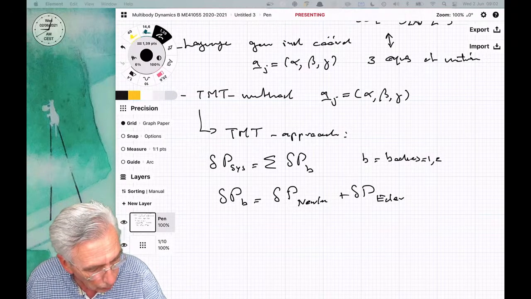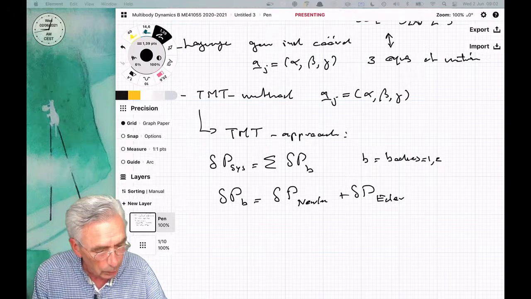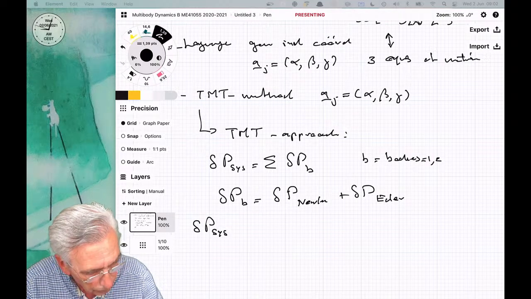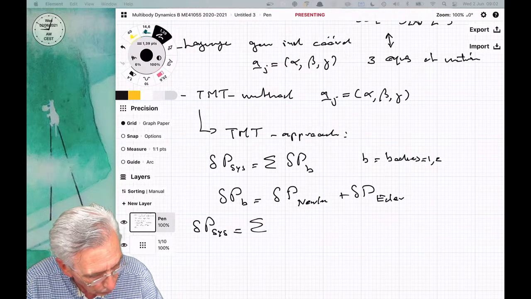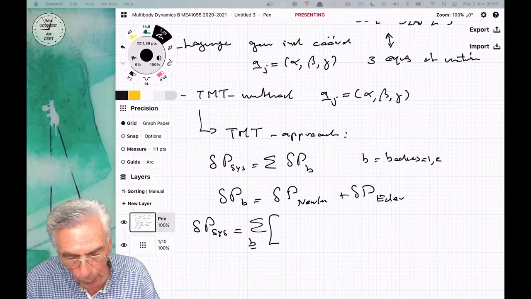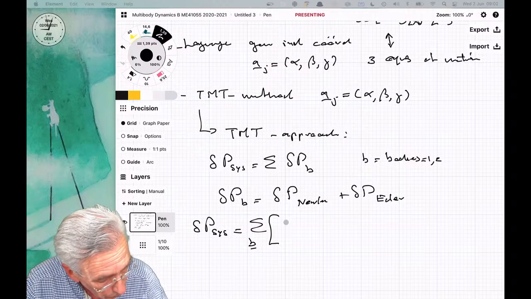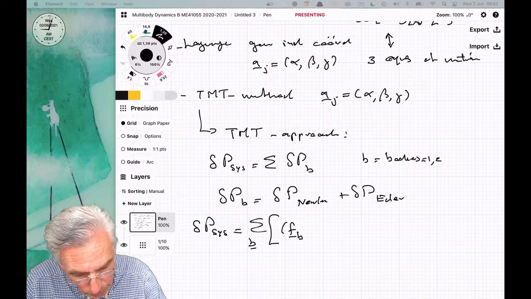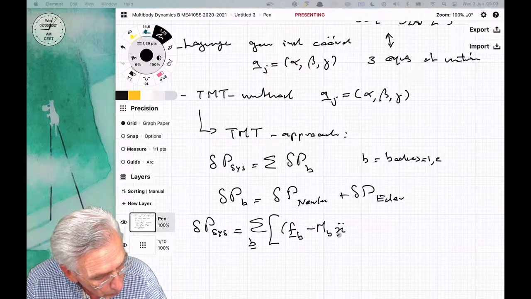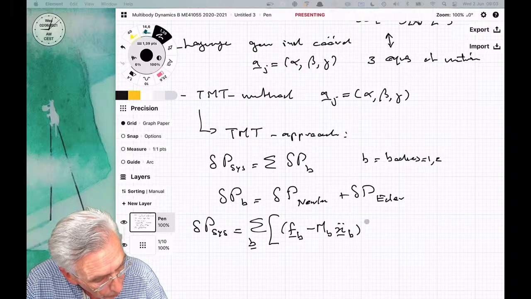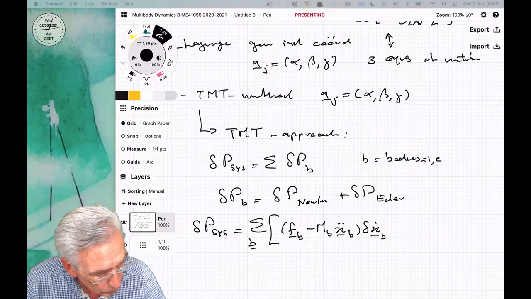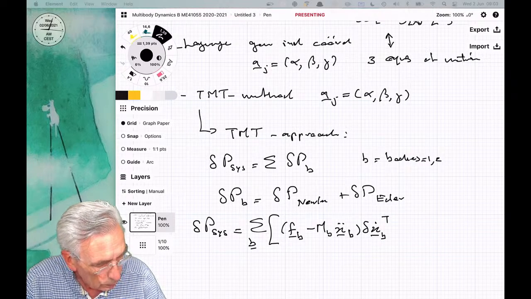Okay, so how does that work then for our complete system? So for our system, it is the sum over the bodies of, and then first the virtual power of Newton. Well, that we know, right? That's the applied forces on the bodies, minus the inertia terms, x double dot of the bodies, and then times the virtual power of the bodies. And I write matrices, so I do transpose.